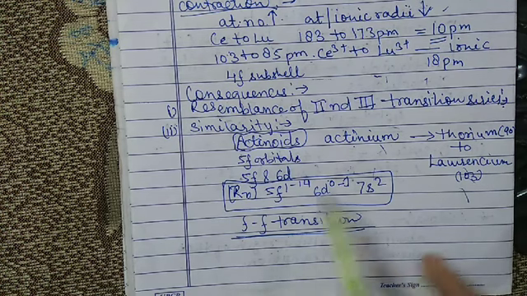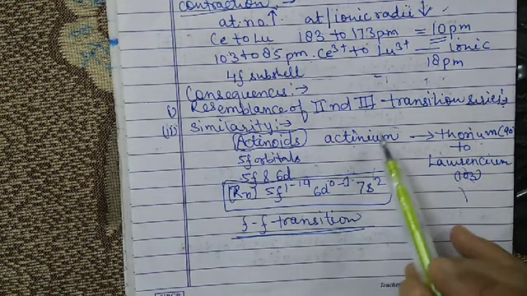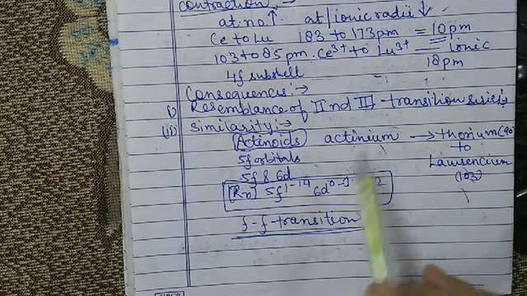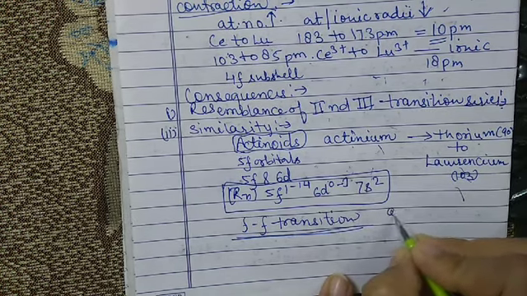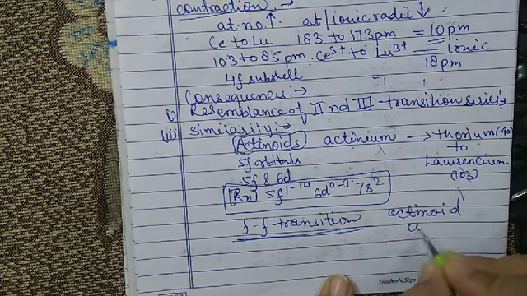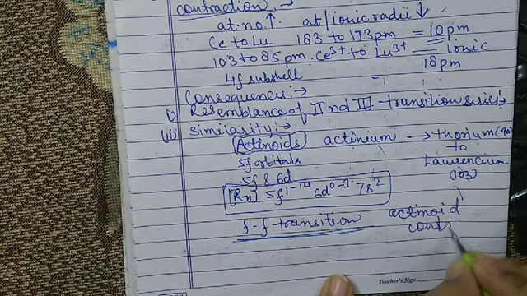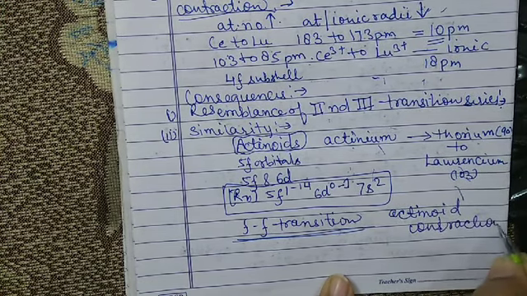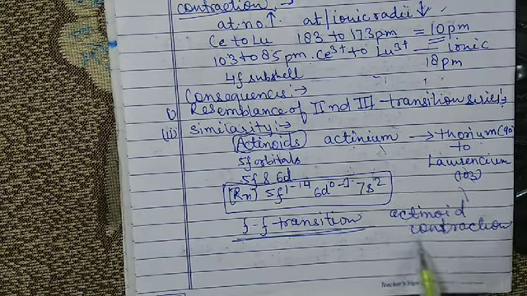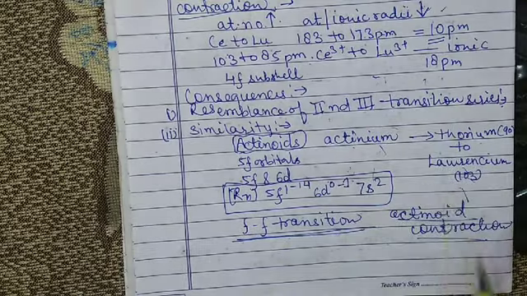This regular decrease in ionic radii with increase in atomic number is a type of contraction, and such contraction is known as the actinoid contraction.